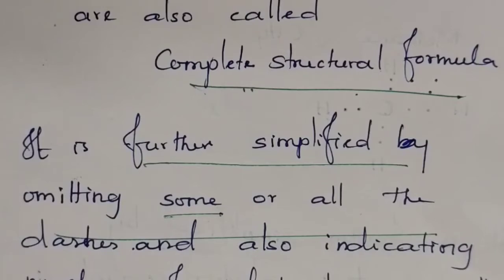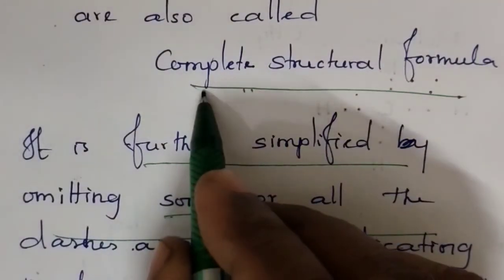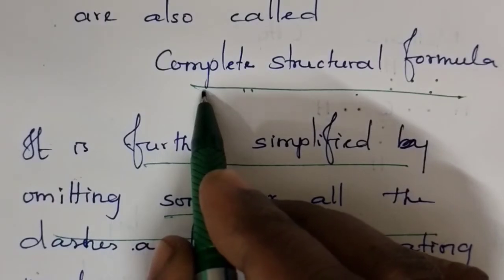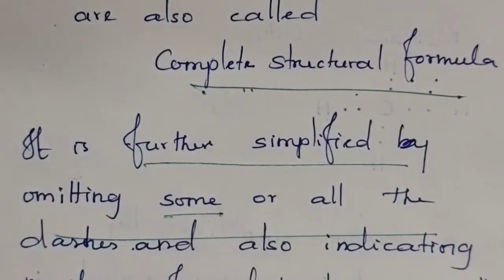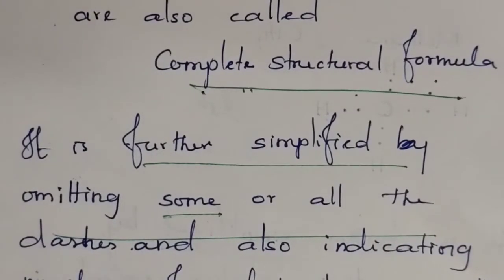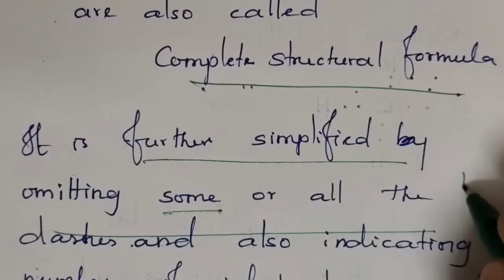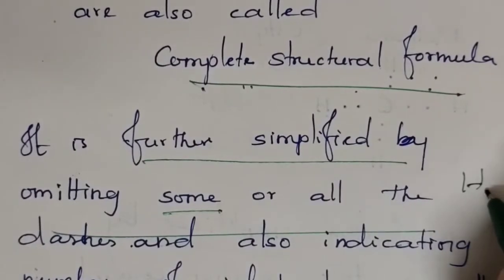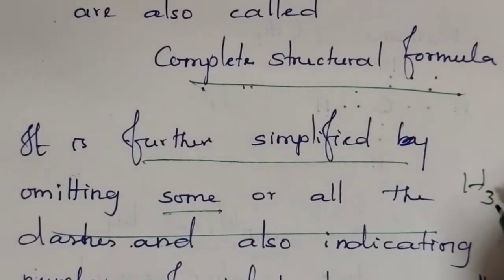Also, in the simplified form of the complete structure, we represent the same type of group together. For example, if 3 hydrogen atoms are present, we simply write 3 as a subscript, which indicates that it consists of 3 hydrogen atoms.